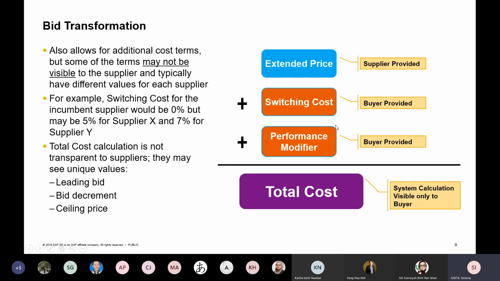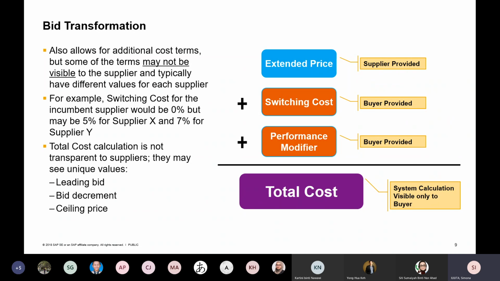On the other hand, we have another template where you have the possibility to do bid transformation, guys. And what does this actually mean? Bid transformation means that you are going to have additional cost terms, but some of these terms may not be visible to the supplier, and they typically have different values for each supplier. On the right-hand side, you have the extended price, which is price multiplied by the quantity.